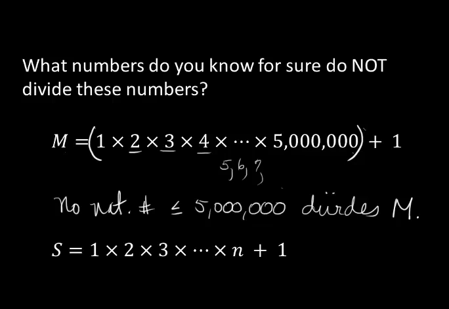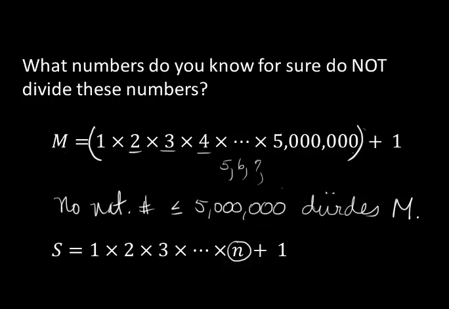Down here it's a tiny bit more abstract. Instead of having a number, we just have n here. N just stands for a natural number. Any natural number. It doesn't have to be 5 million.